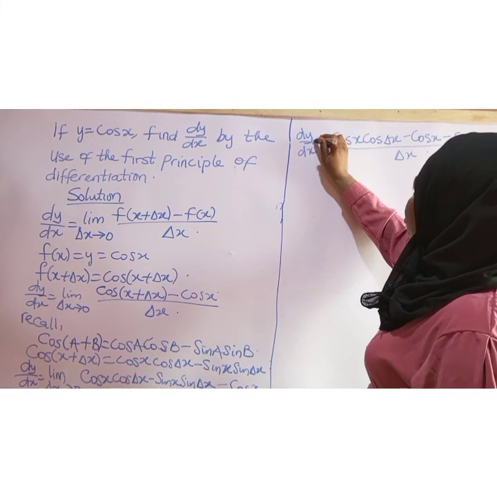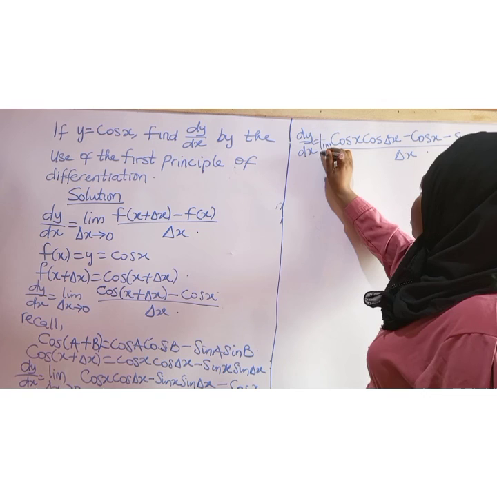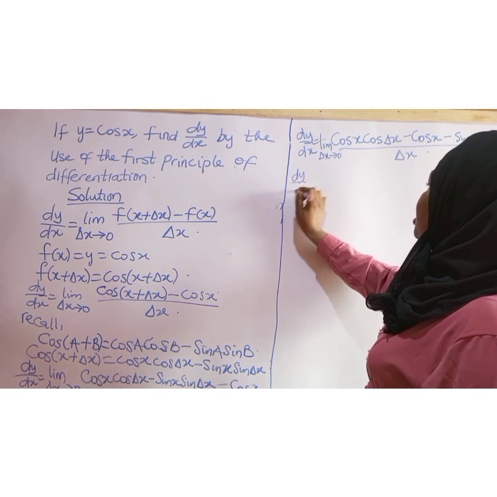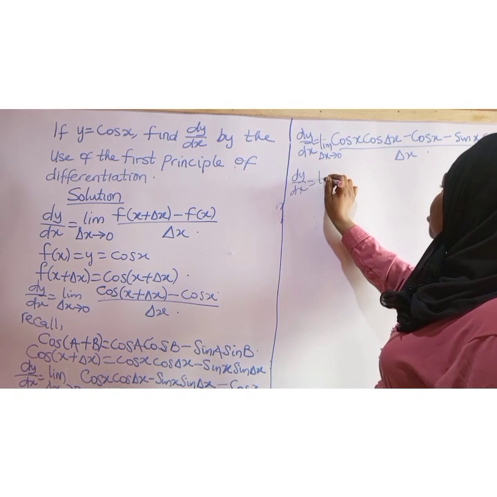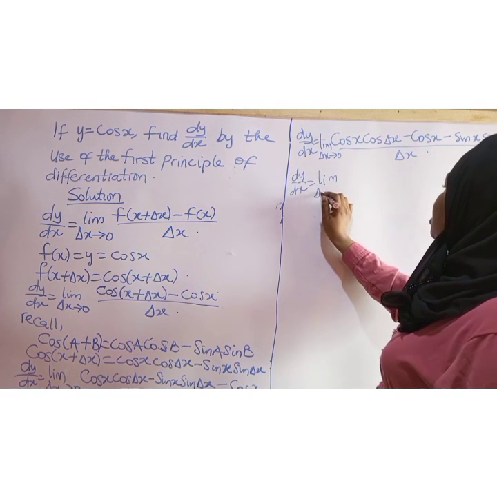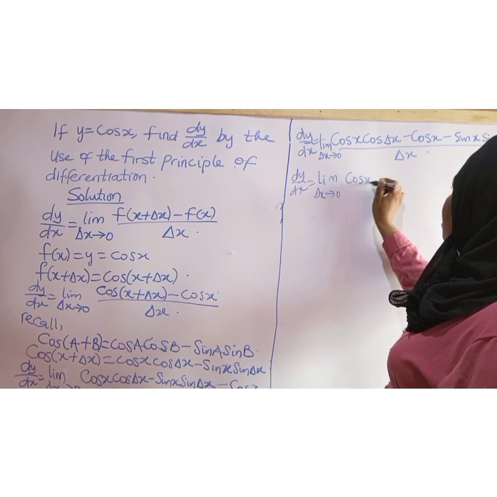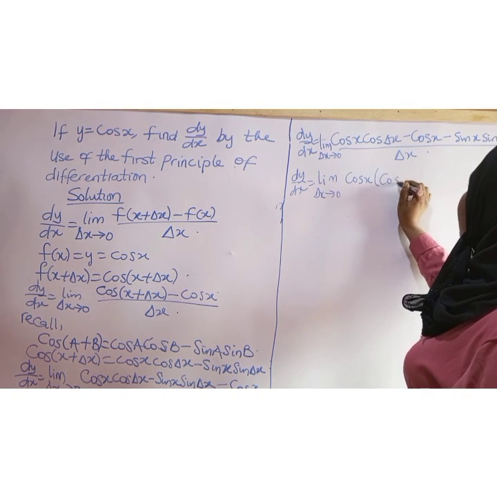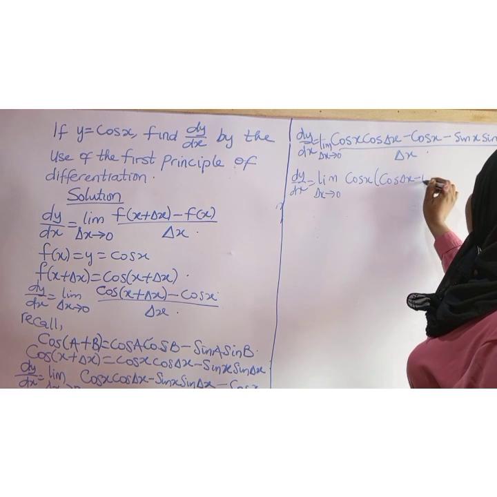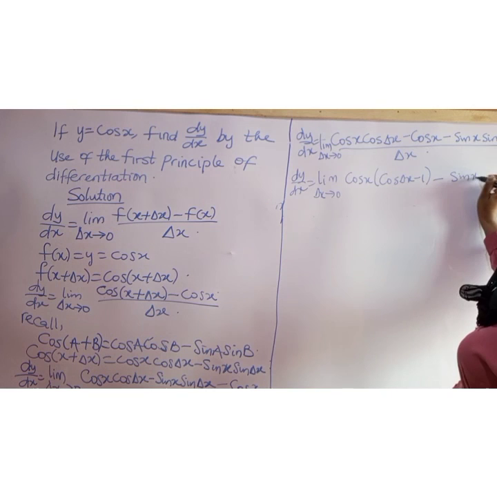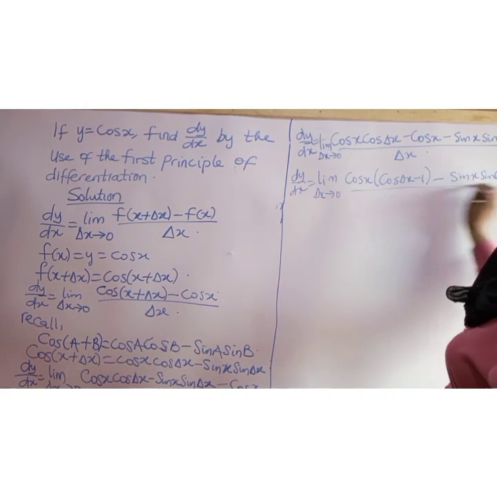So don't forget to put your limit as change in x tends to 0. So dy/dx is now equal to the limit as change in x tends to 0 of cos x into bracket cos change in x minus 1, minus sine x sine change in x, over change in x.